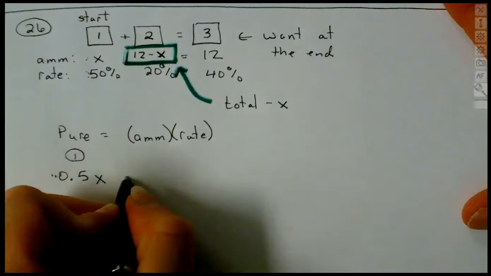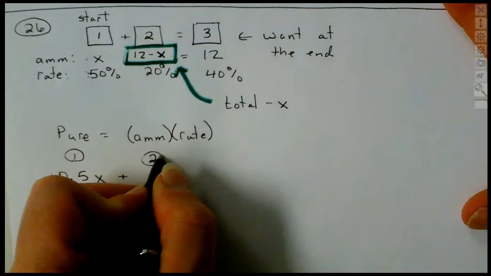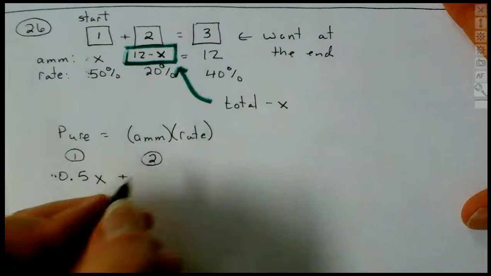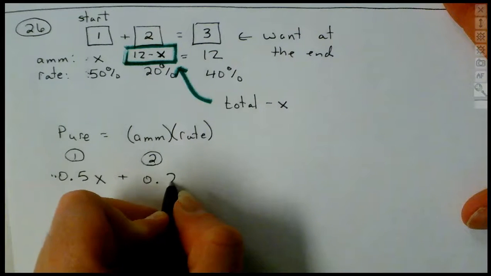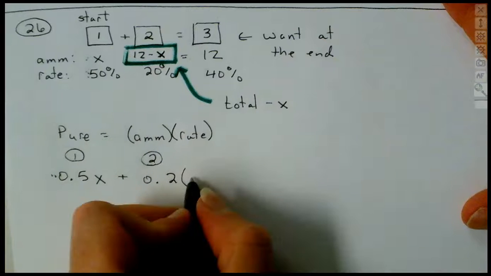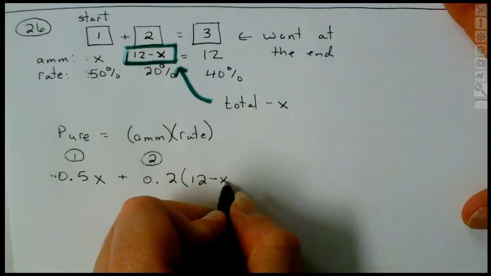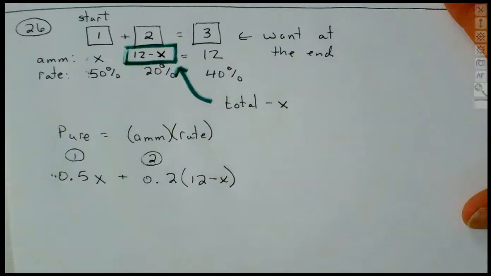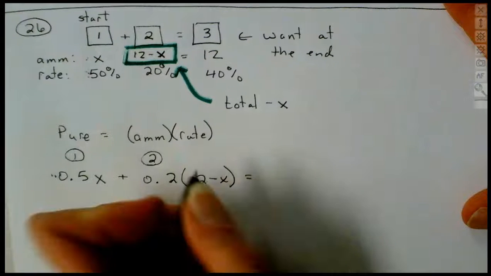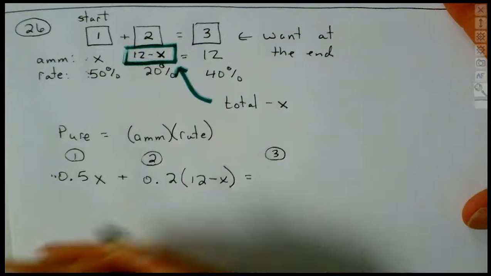Then we're going to mix that with our second container. And it's 20%, so that's 0.2. And how much is in there? We found it to be 12 minus X. And what is it going to equal for box 3?